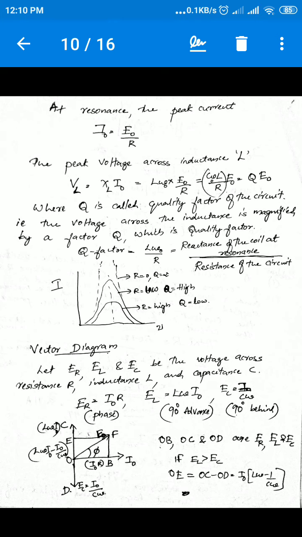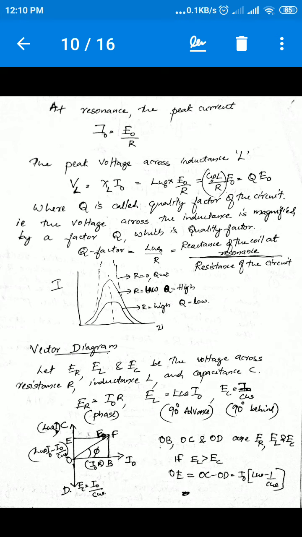The peak will be at the resonance frequency. I didn't denote it there, but that dotted line in the center, the maximum current point, represents the resonance frequency.